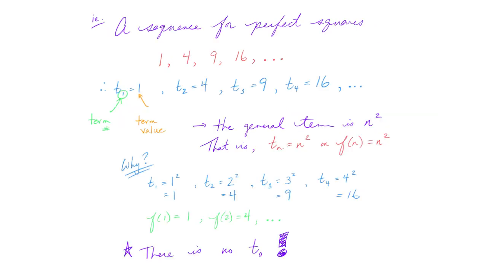So there is a lot of information on your screen right now. You can see at the top, I've given a little example, a sequence for perfect squares. And in red, you'll notice that I started to list out our perfect squares: 1, 4, 9, 16, and so on and so on.